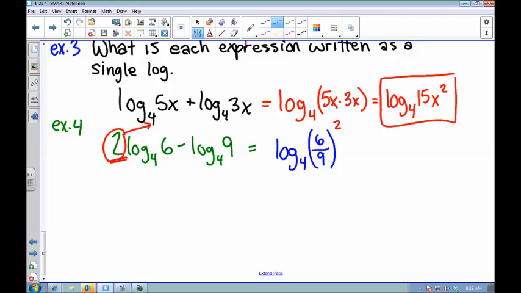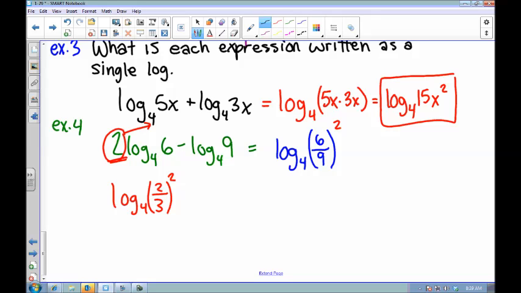Caitlin, what number can we divide both 6 and 9 by to make it smaller? 3. So what would 6 divided by 3 be? 2. Okay, and 9 divided by 3? 3.